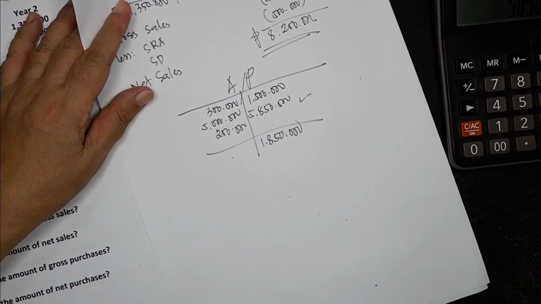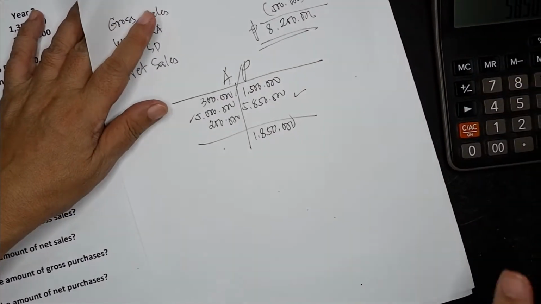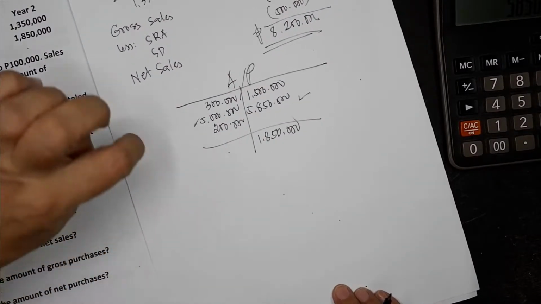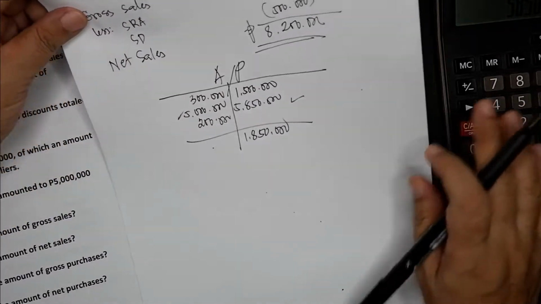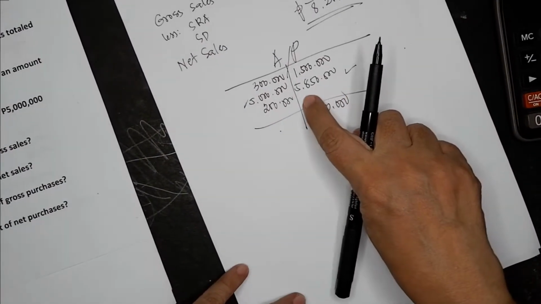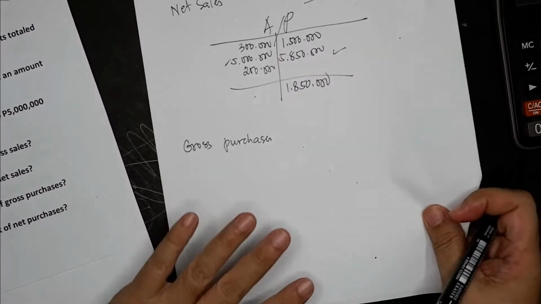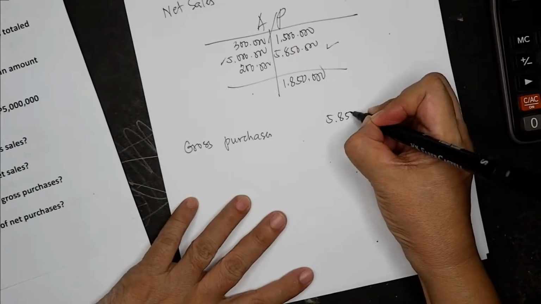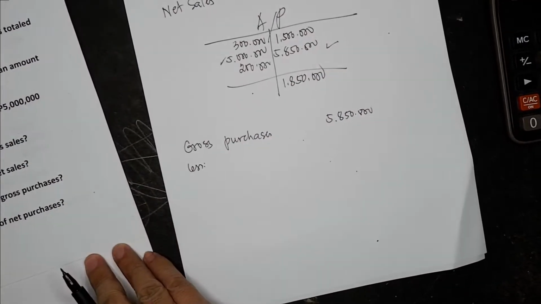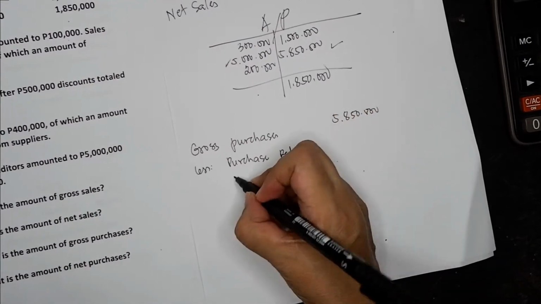Okay. Actually, our cash purchases are already included, because they are included here when we pay. Remember, the entry when paying is debit purchases and credit cash. So it is already, in effect, included here. Okay. So, how much are gross purchases? That is 5,850,000. So, gross purchases is 5,850,000 less purchase returns and purchase discount.